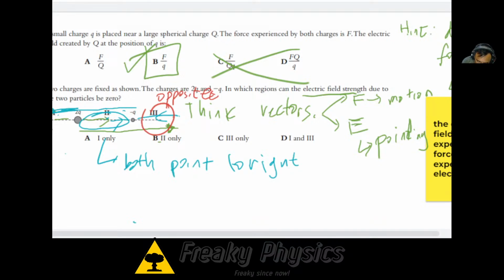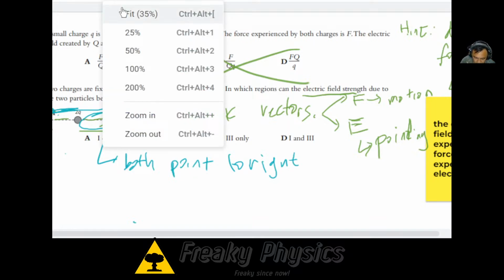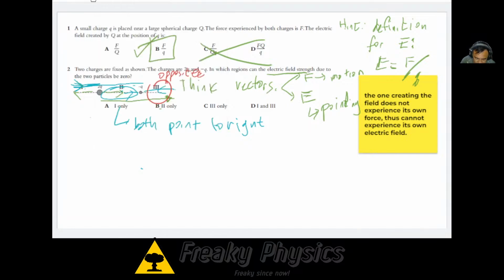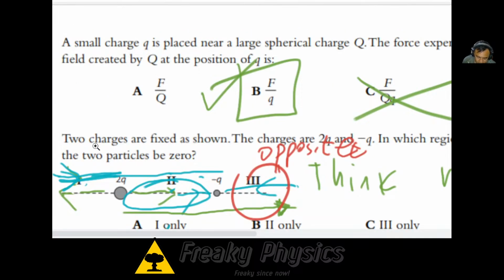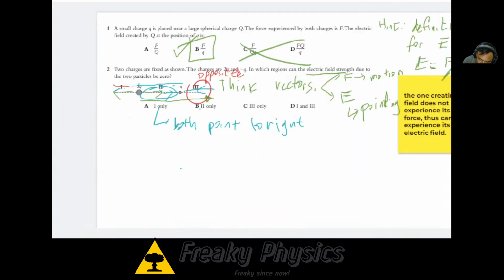I can't see one, it's cropped out. Okay, I'll fit it first and then zoom. Yes, at one they're going opposite directions as well. Opposite, so they can cancel each other out.